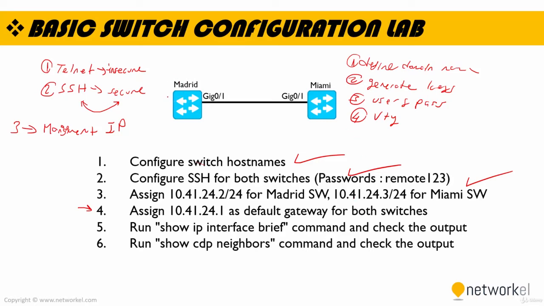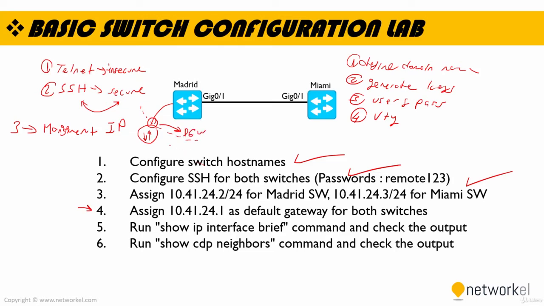What I want to say here is, in the question you cannot see a default gateway right now. Let's say that here is the exit point of this network. If here is the exit point, that means here is the default gateway.